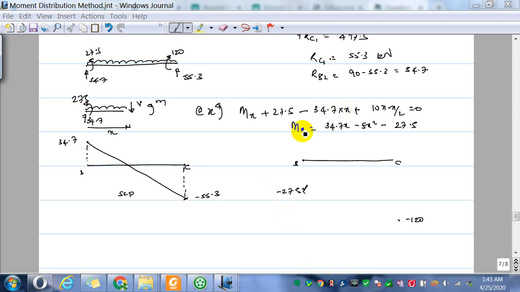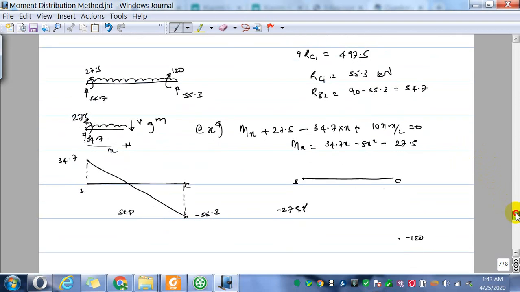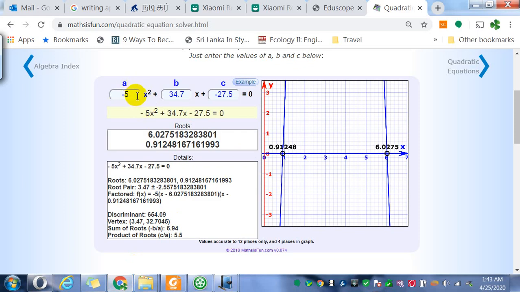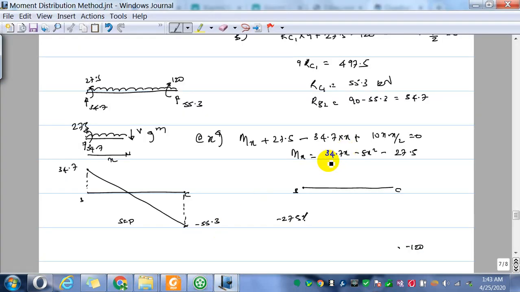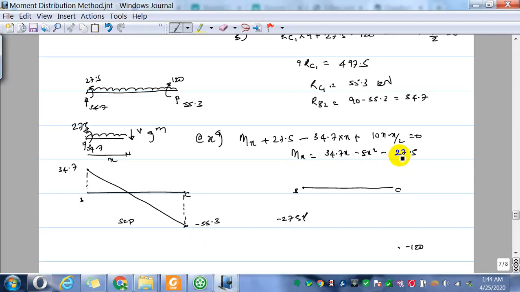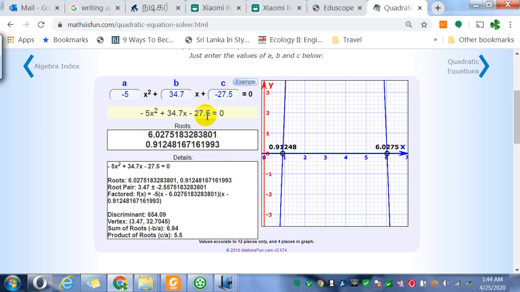Substitute Mx equal to 0: 34.7x minus 5x squared minus 27.5, where x is measured from support B. Using a simple online tool, A is minus 5, B is plus 34.7, and C is minus 27.5, equal to 0.